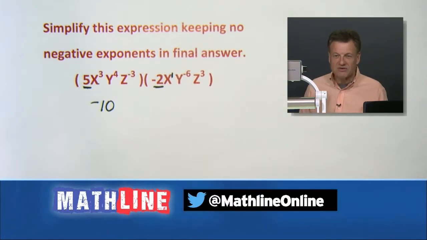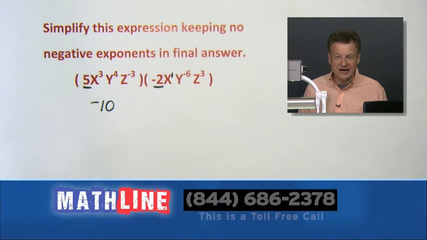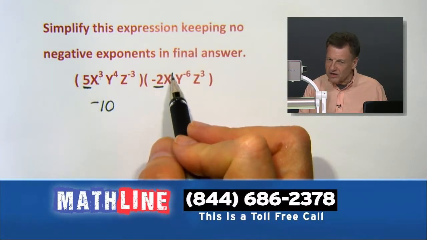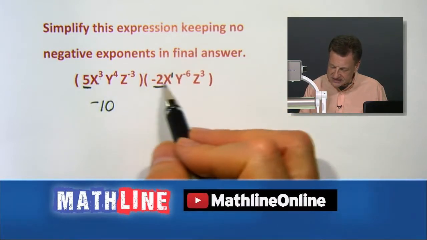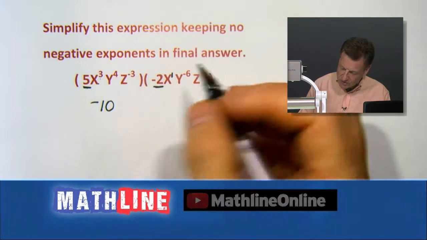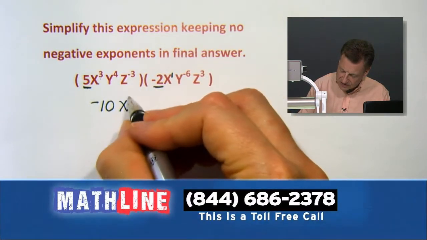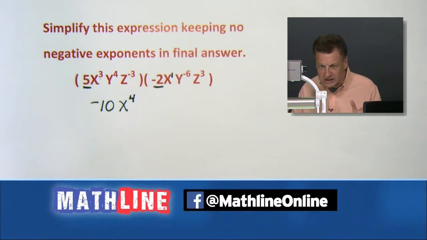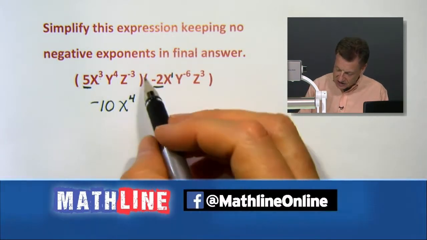I believe we go plus 1, because when the bases are the same, you add your exponents. So 3 plus 1 bumps it up to x to the 4th. No negative exponent there, so we're happy.